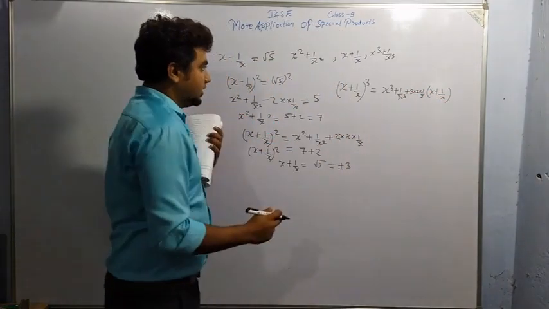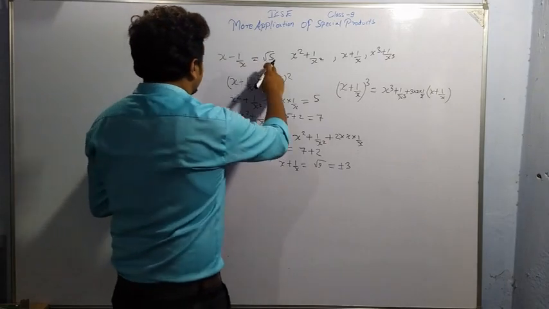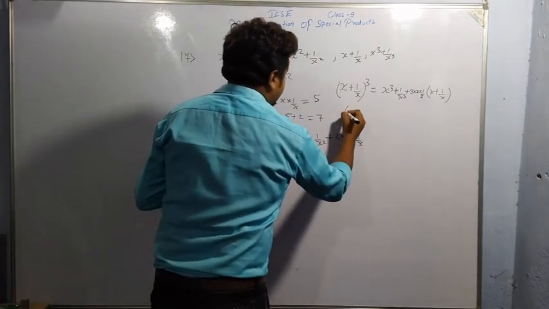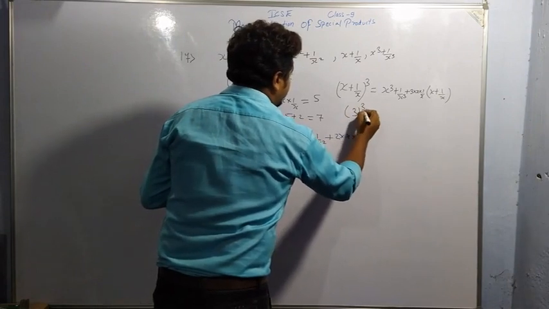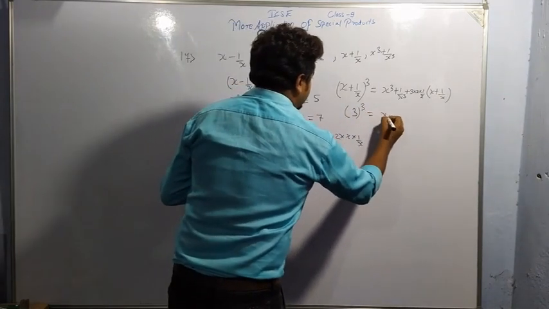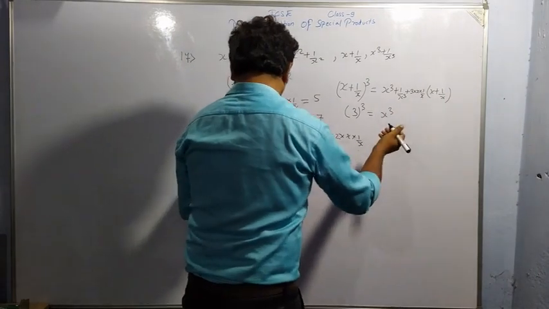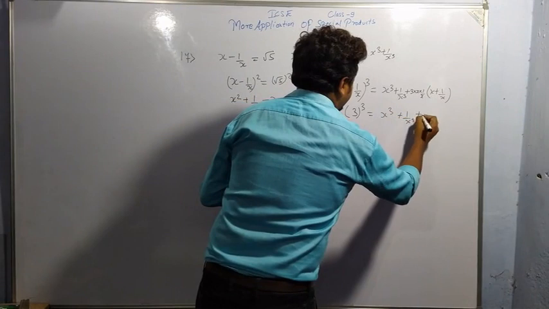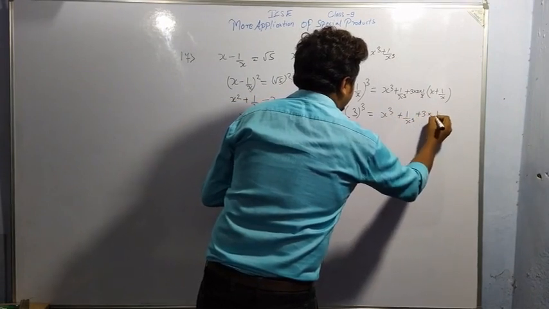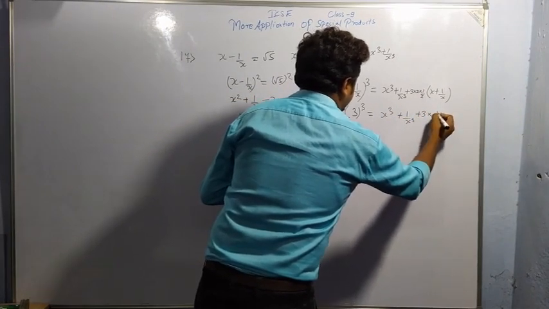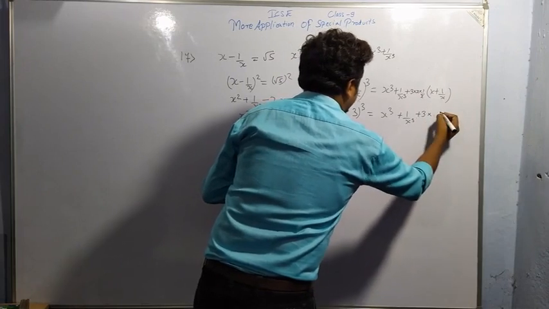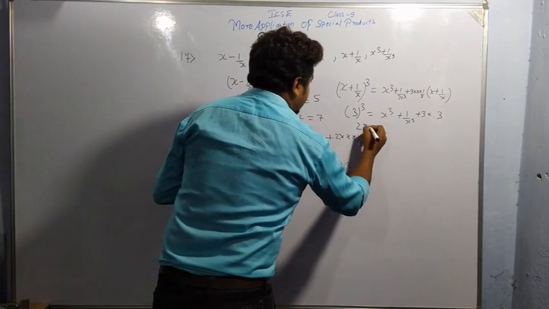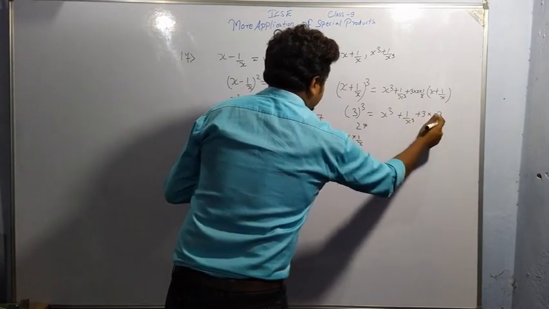So from here x plus 1 by x we have got is equal to plus minus 3. So 3 cube is equal to x cube plus 1 by x cube, and from here we are getting 3 into 1 into 3. From here we are getting 3. 3 cube is 27, and this is 3 into 3, which is 9.